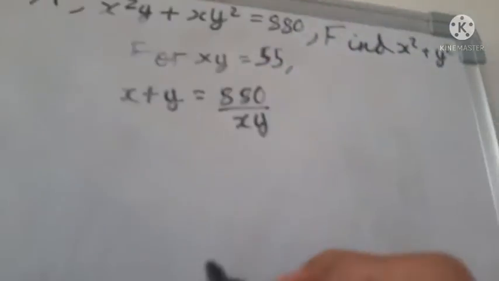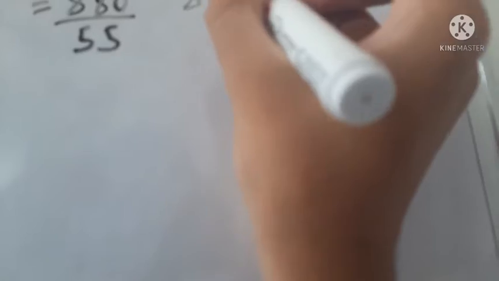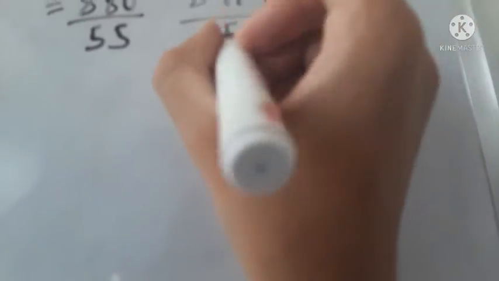So we have x plus y is 880 over xy from this equation. So that's 880 over 55. Now we can say that's 8 times 11 times 10 over 5 times 11.